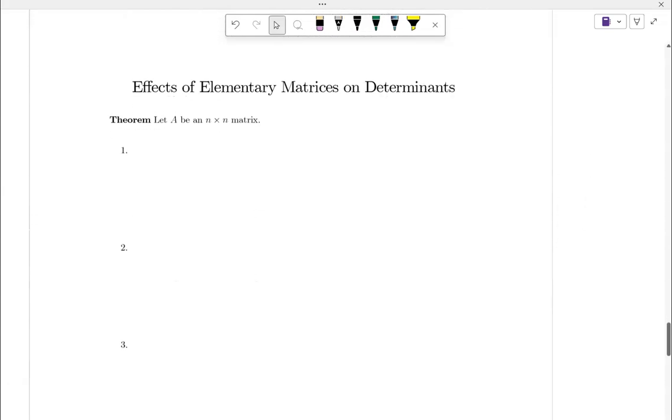So this last part is just summarizing what we talked about.